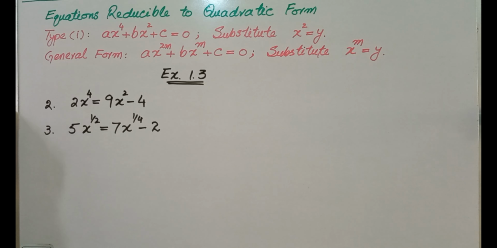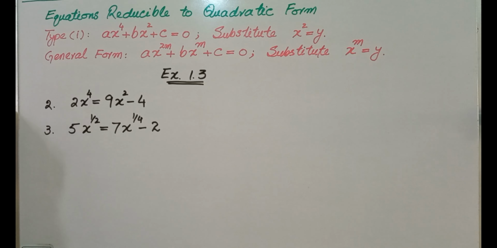Now we have two values for y, that is y is equal to 9 plus 7 divided by 4, or y is equal to 9 minus 7 divided by 4.